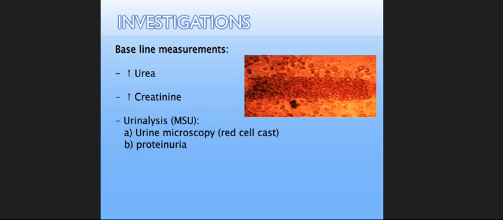It is the shape of the red cell cast. And you may find proteinuria in the urinalysis. But when you see a red cell cast, it is something that couldn't be forgotten, and it is something meaningful.